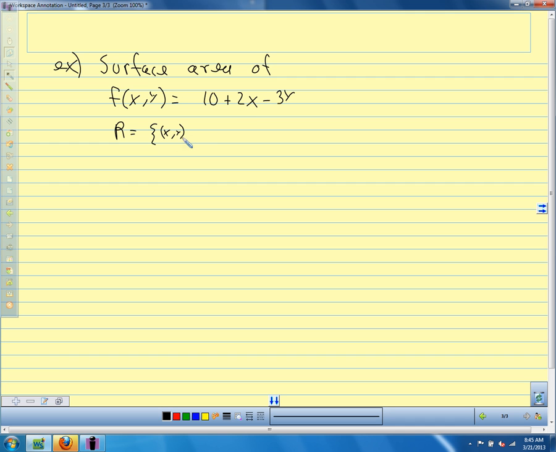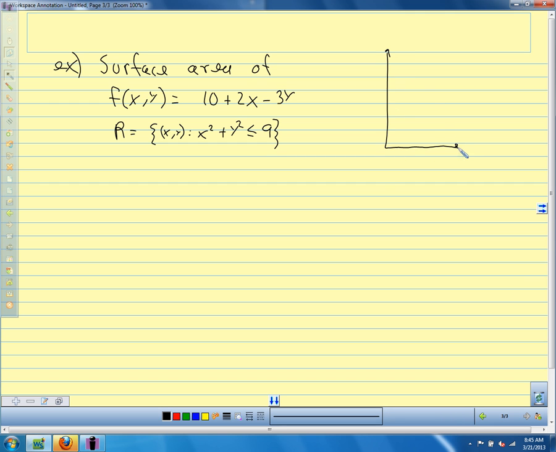We're going to write it in set notation: x, y such that x squared plus y squared is less than or equal to 9. So first off, what is this surface? It's a plane. And our region in the xy plane is a circle. So we're talking about some kind of chopped off cone shape.